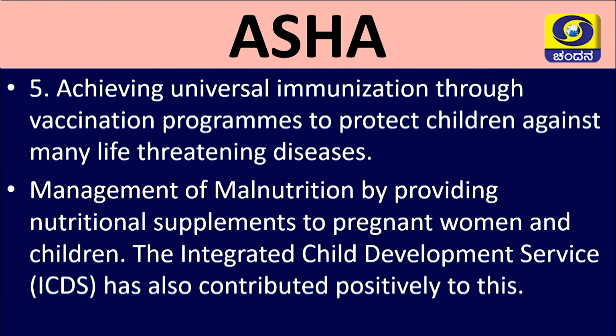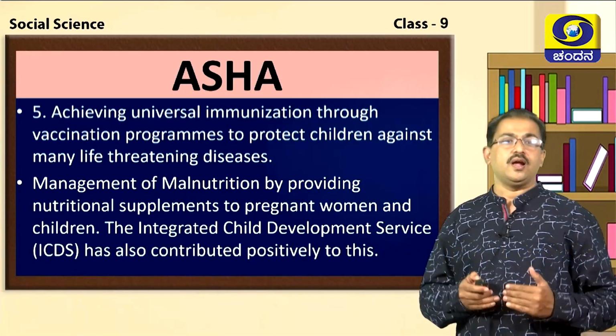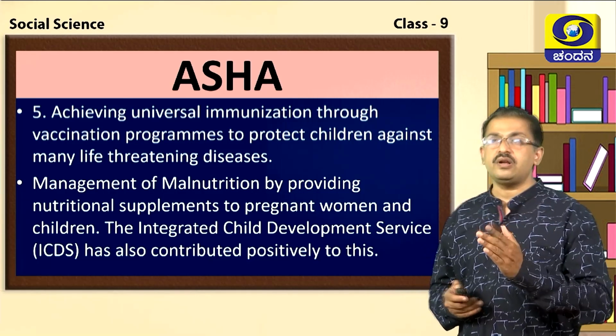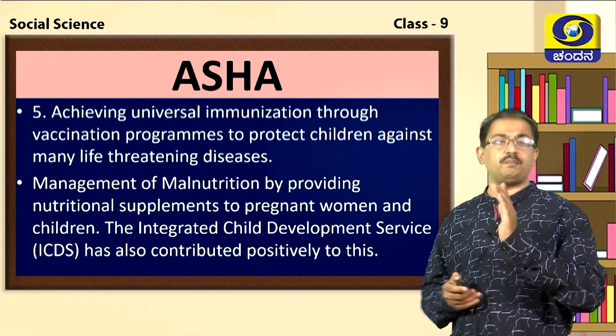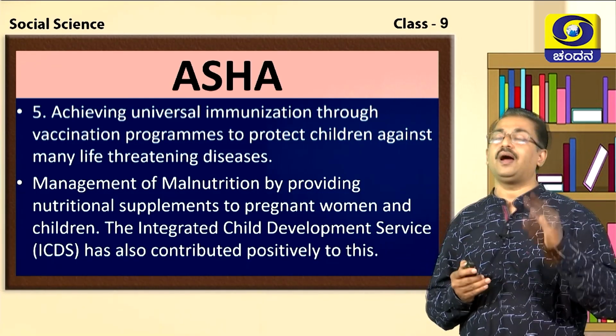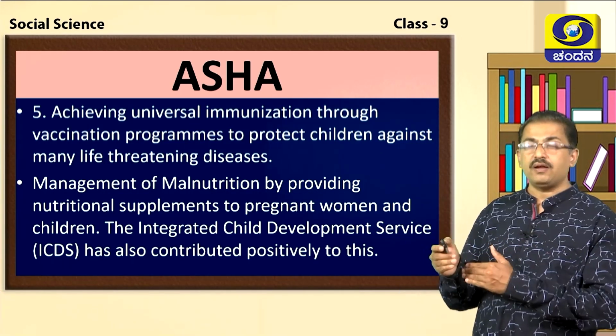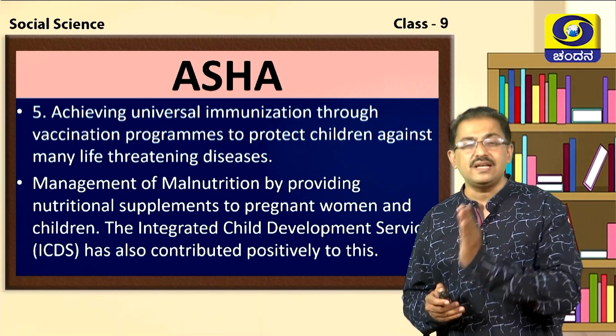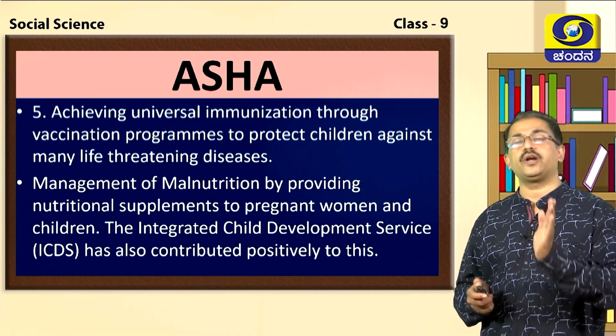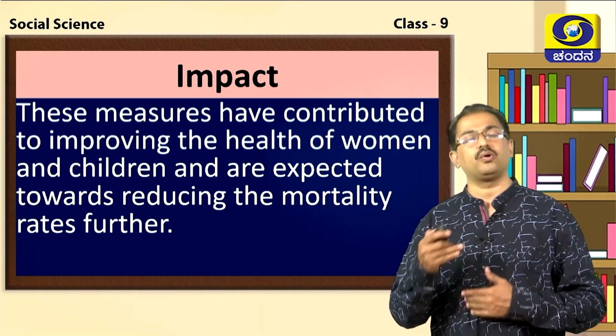The fifth one, achieving universal immunization through vaccination programs to protect children against many life-threatening diseases. Management of nutrition by providing nutritional supplements to pregnant women and children too. The Integrated Child Development Service, ICDS, has also contributed positively to this program.